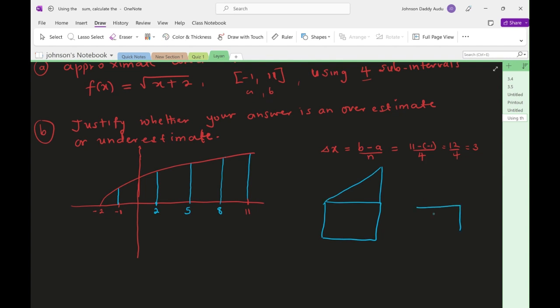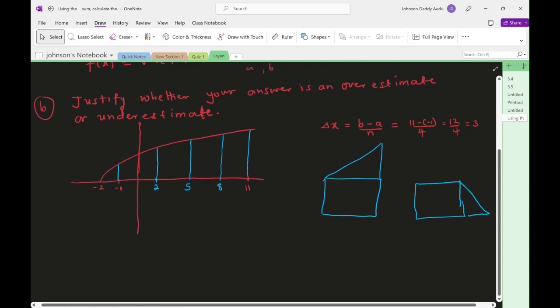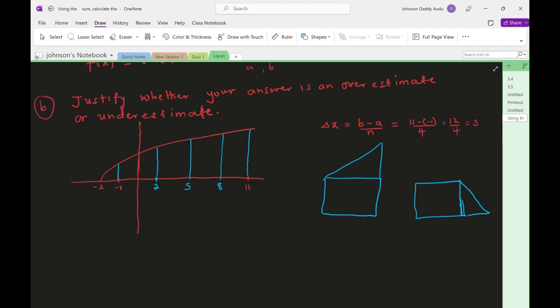So this is a trapezoid, or it could be this way. So now it's a combination of what? It's a combination of a rectangle and a triangle. For example, if we're using this one, let's say now this is going to be the triangle. So let's call this one our h.